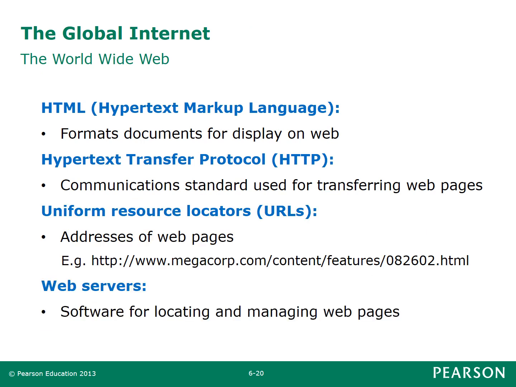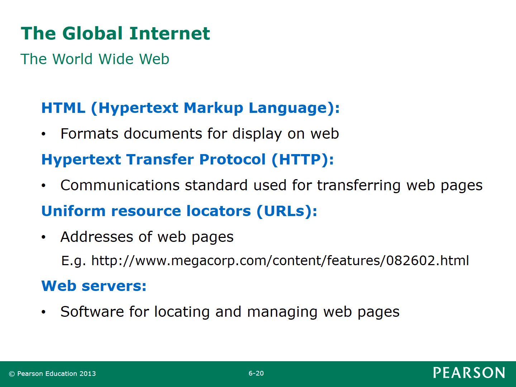We have here the most popular services on the internet, the web, and the main protocols enabling the web. The web is an interlinked connection of websites, which are collections of web pages linked to a home page of an organization, for example. These pages are created using a text markup language called HTML and transmitted to users' web browsers by the HTTP protocol.